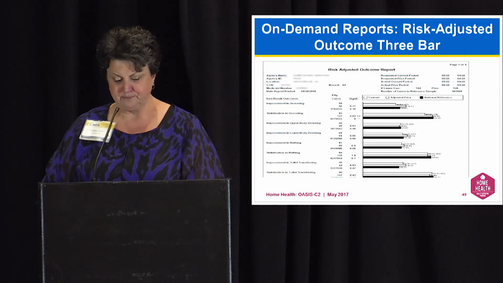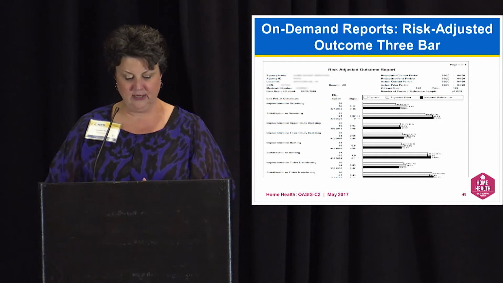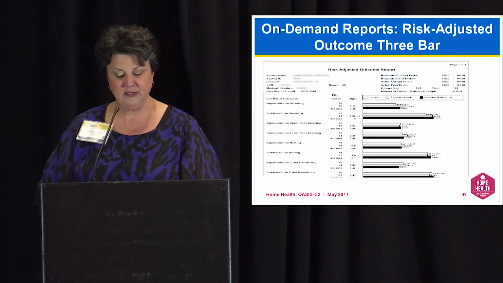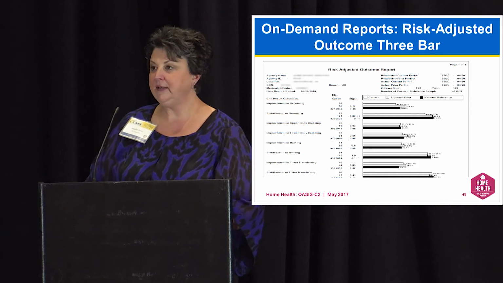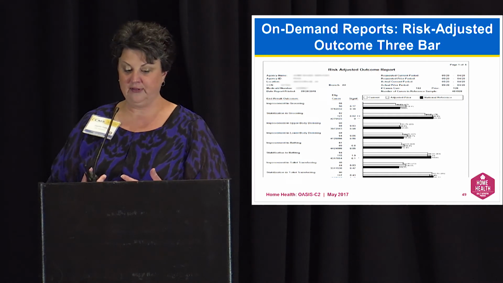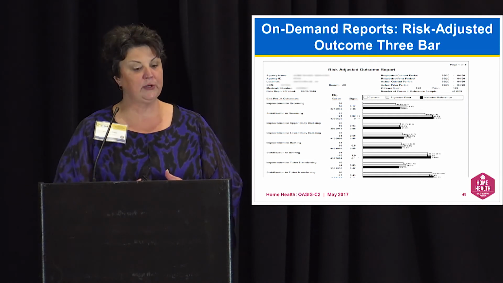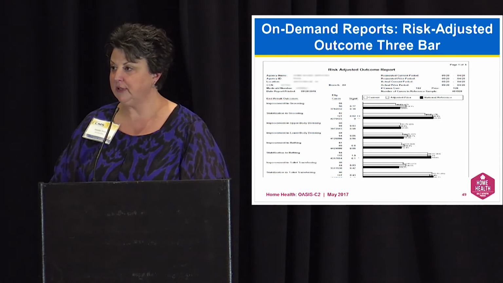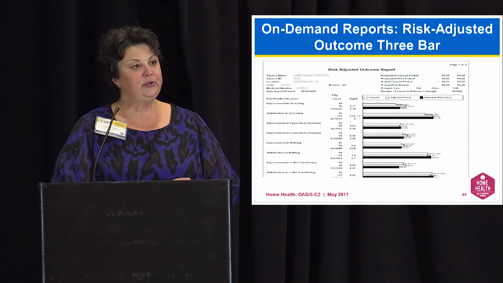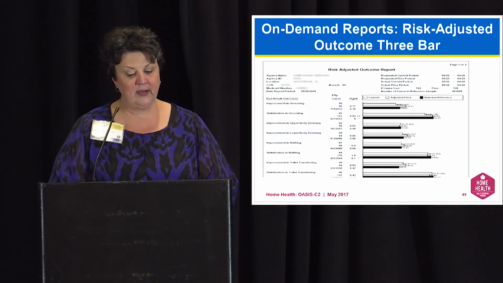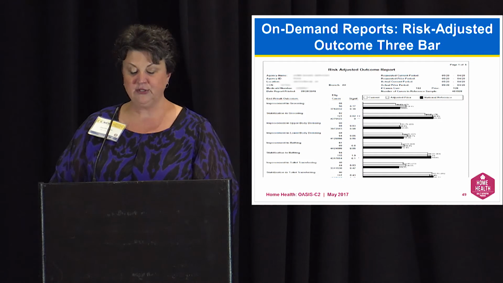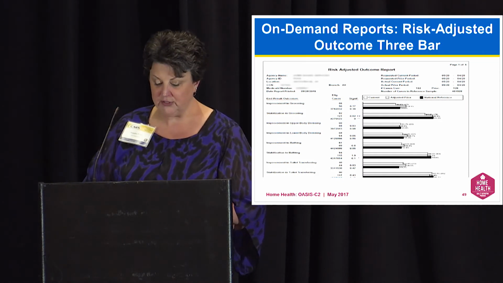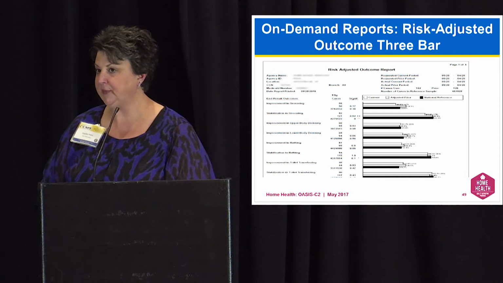I mentioned utilization outcomes, end result outcomes, and claims-based outcomes measures, and they are going to be computed differently. So your end result outcomes are computed for episodes of care ending with a discharge to community, whereas your utilization outcomes are computed for episodes ending with a transfer to an inpatient facility or discharge to the community, and the claims-based measures are calculated based upon the episode begin date.